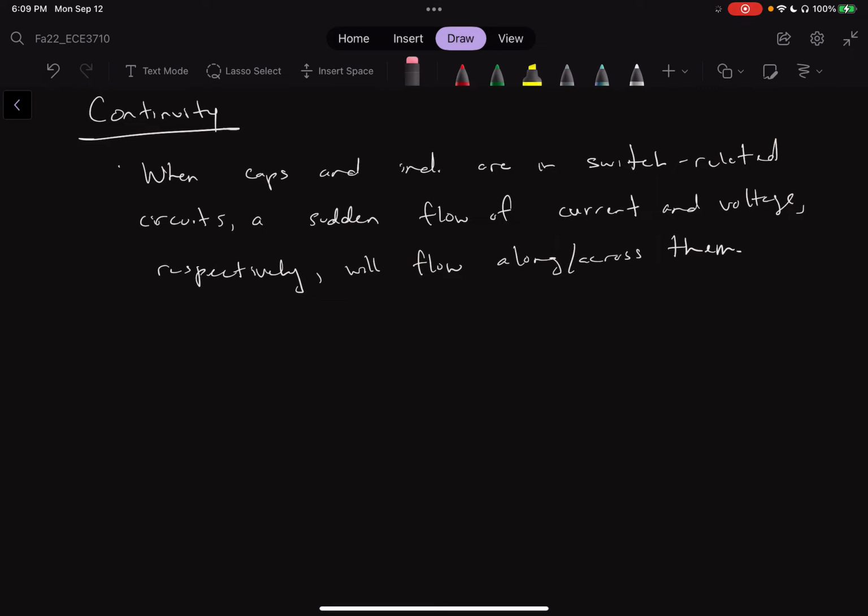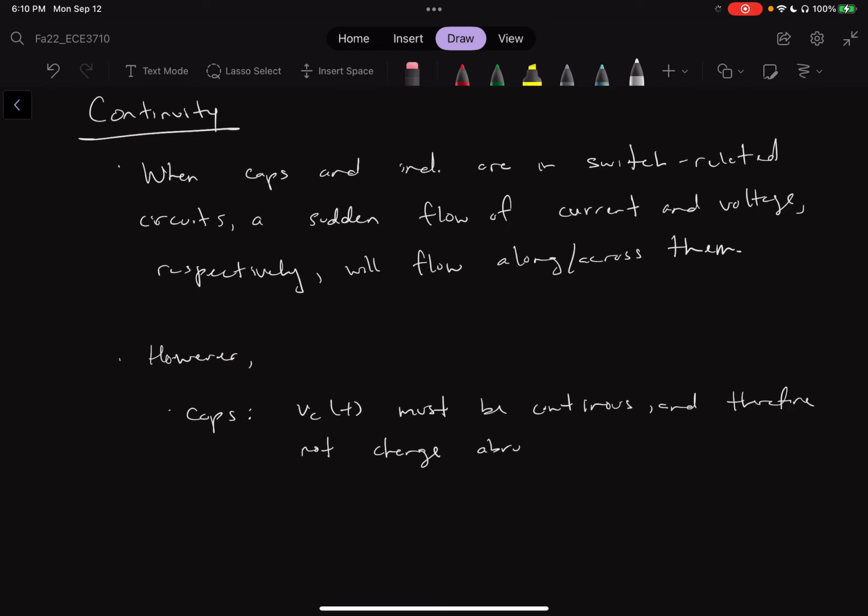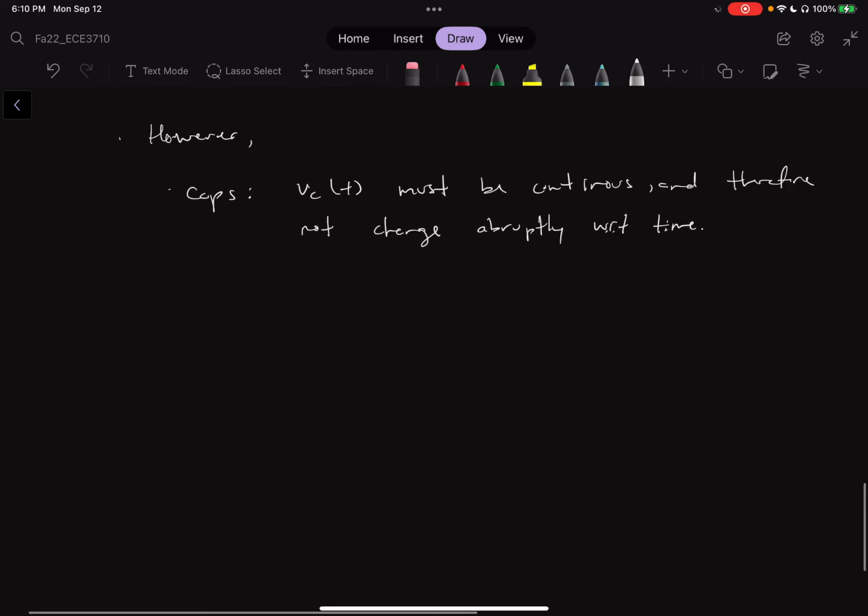But one thing we have to remember, however, for capacitors, VC of t must be continuous and therefore not change abruptly with respect to time. Why?